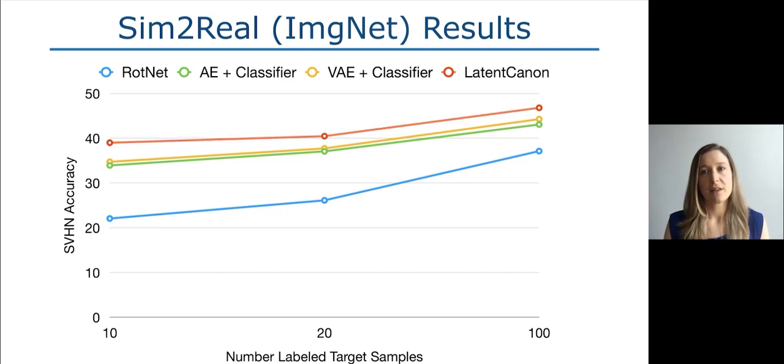And then finally, the latent canonicalization model outperforms all of them. And this just showcases that with the latent canonicalization, even when training with a fairly low fidelity simulator, you can really leverage the simulated data in order to learn quickly from few examples in the real image database.